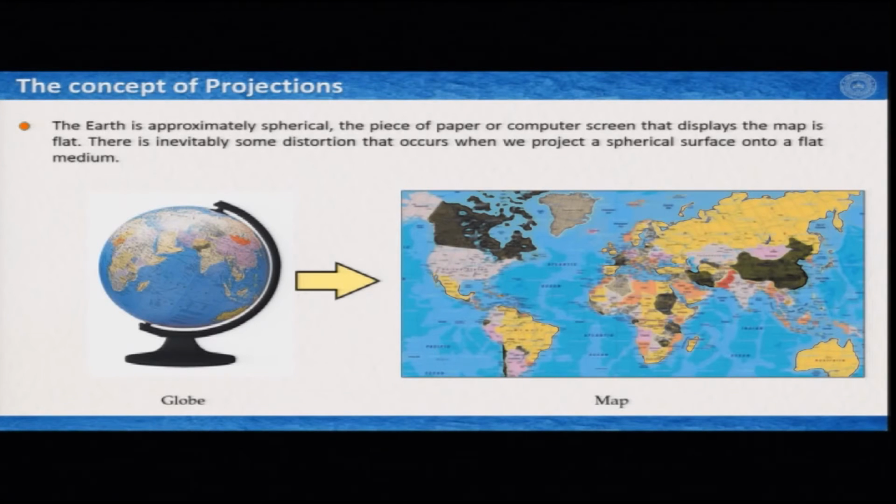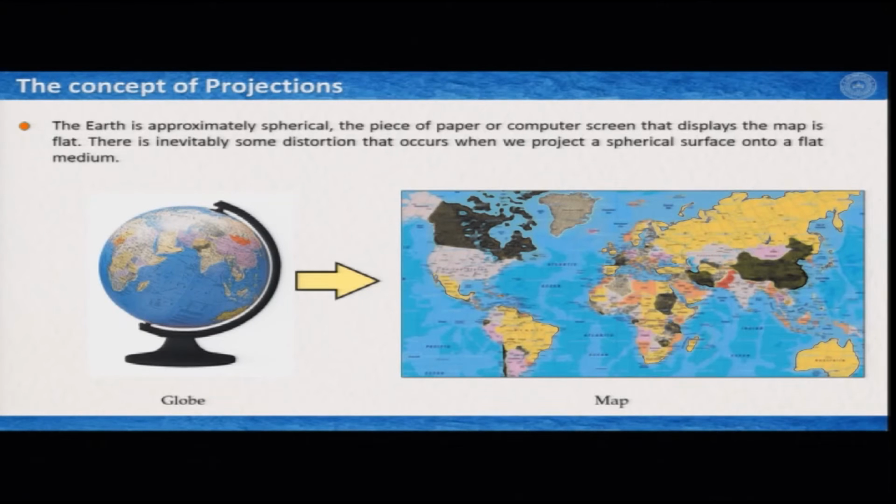Now, before we go to the actual topic of stereographic projections, let us have some idea of what a projection is. Imagine a globe that we have all seen, and you also have seen the world map, which we see on our computer screen or a piece of paper, which is flat, and what we see in a sphere is not flat.